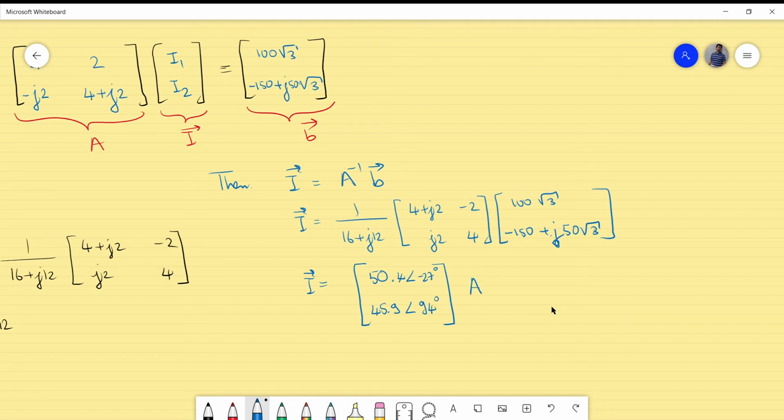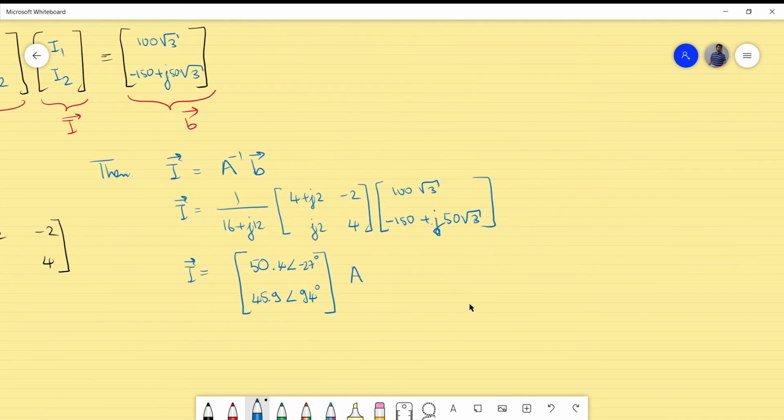So this is the vector I required for I1 and I2. This will give us I1, which is already given in the phasor notation, 50.4 phase minus 27 degrees in amperes, and I2 will be 45.9 phase 94 degrees. These are the two mesh currents we required to calculate.